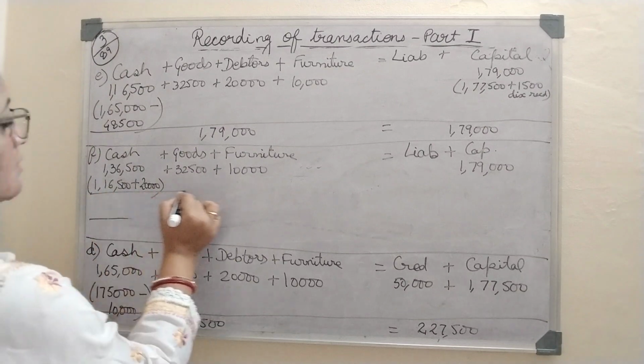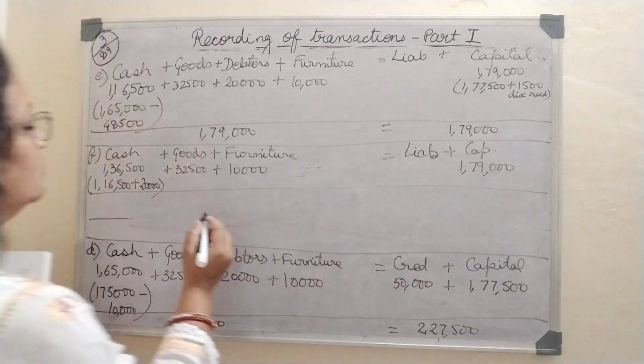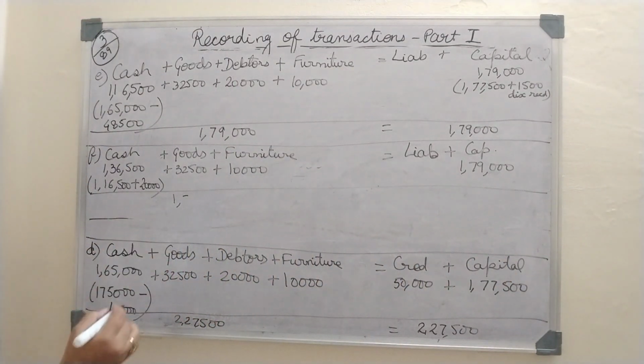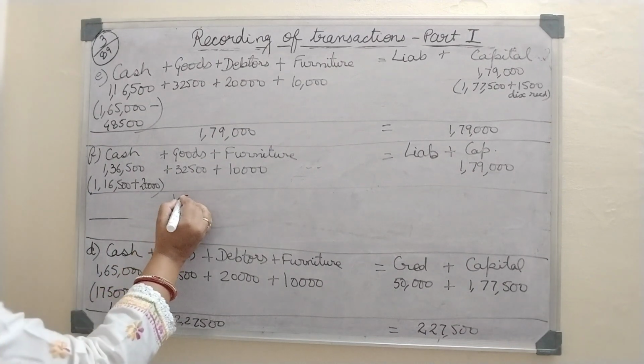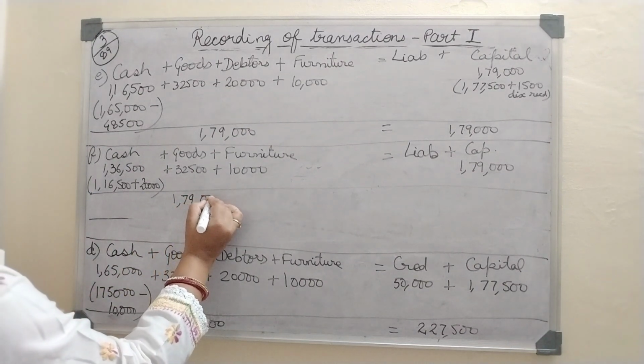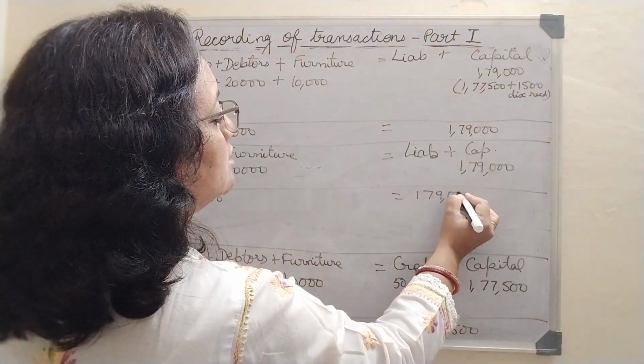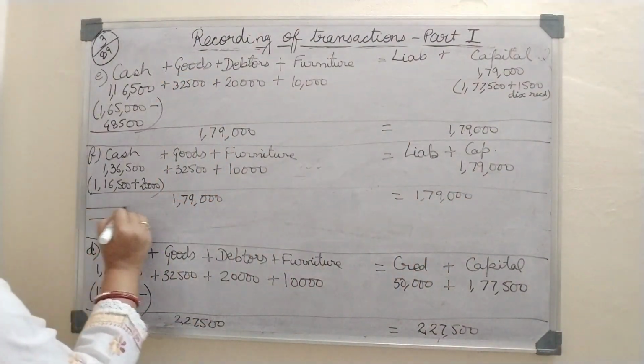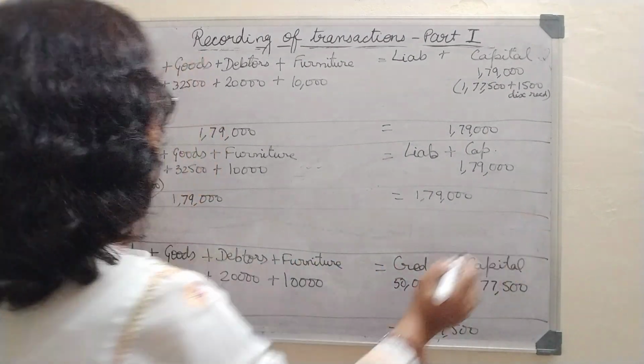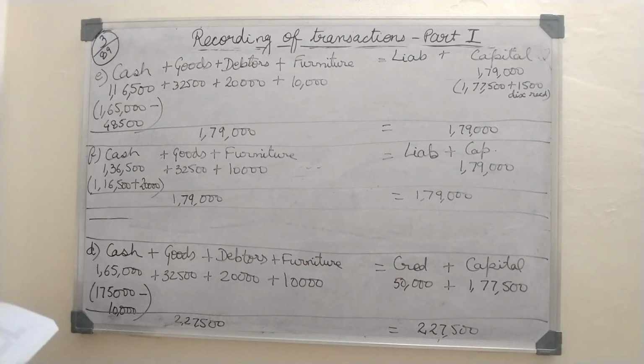So this transaction again is going to give us the total of 1,79,000, because at one place we have reduced 20,000 and the other place we have added it. Right? So now we move on to the next one.